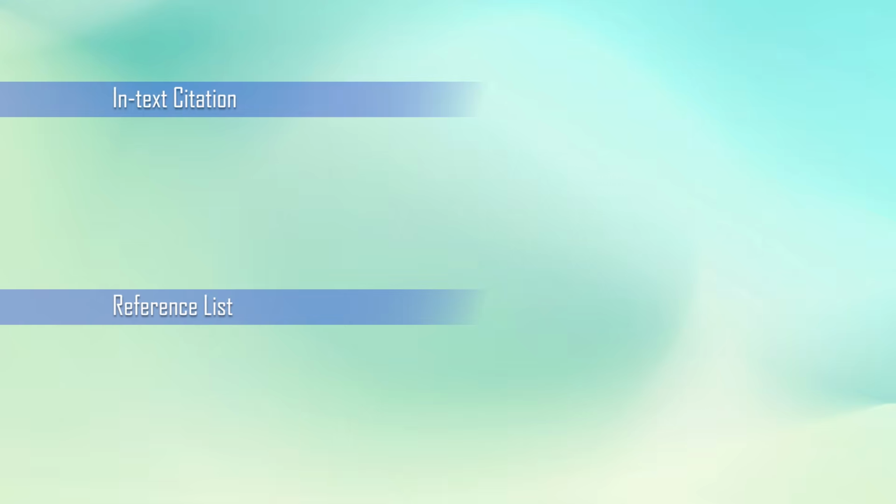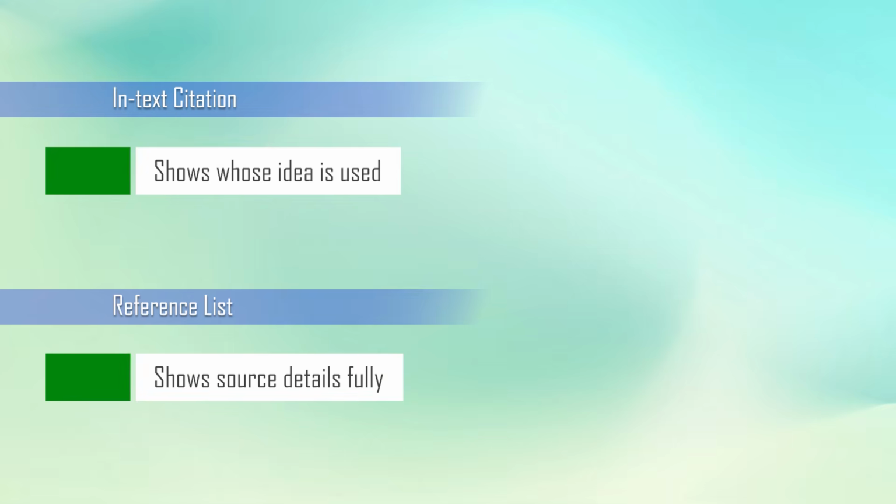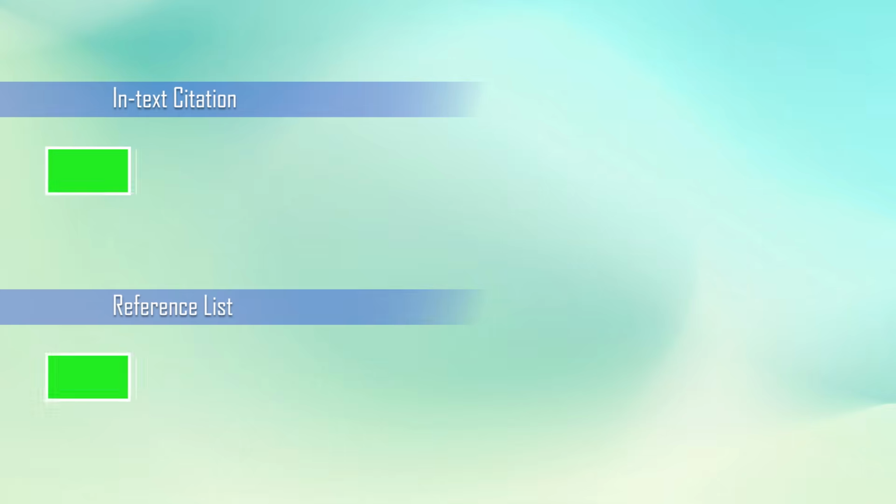So the in-text citation shows whose idea is used, and without it, readers get confused or think it's your idea, which leads to plagiarism. Second, the reference list shows the full source details, and without it, you cannot verify or locate the source. So, in-text citation shows where you use the source, and the reference list shows what the source is.